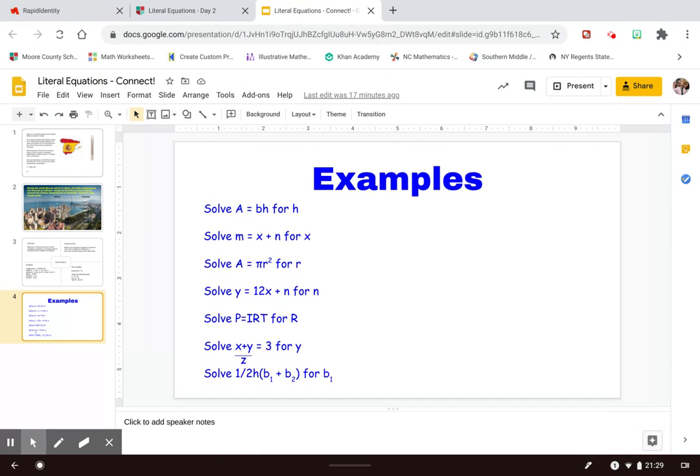All right, now the last one is going to be to solve a equals 1/2 h times b base 1 plus base 2 for base 1. Okay, I forgot to put the a in there.